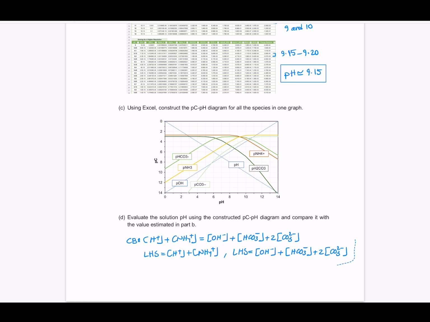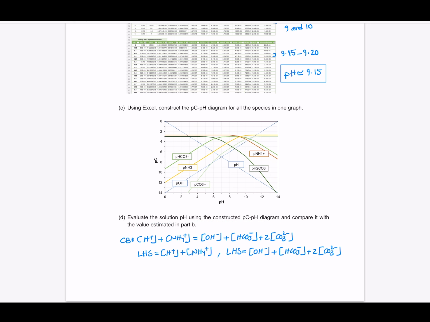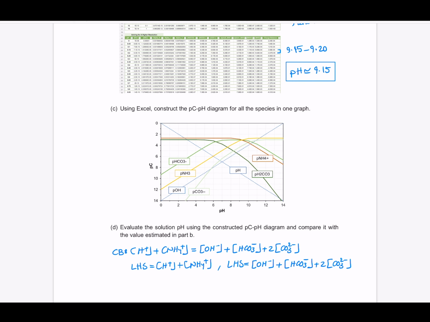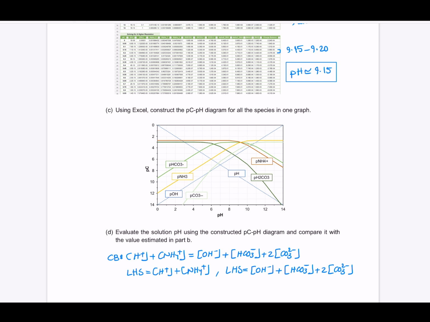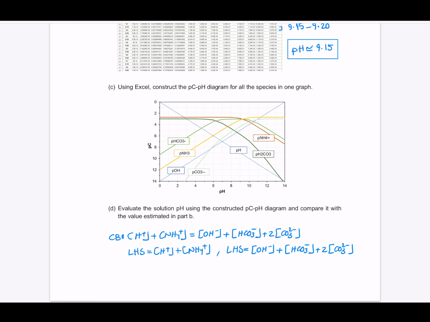So now let's see, if we construct these two lines, how does it look? Is the resolution good enough or not? That's the question now. In the previous case, it wasn't good enough, so we had to revisit the RHS and LHS, but we'll see here. The first LHS is basically proton, so this line, and ammonium, the red line.